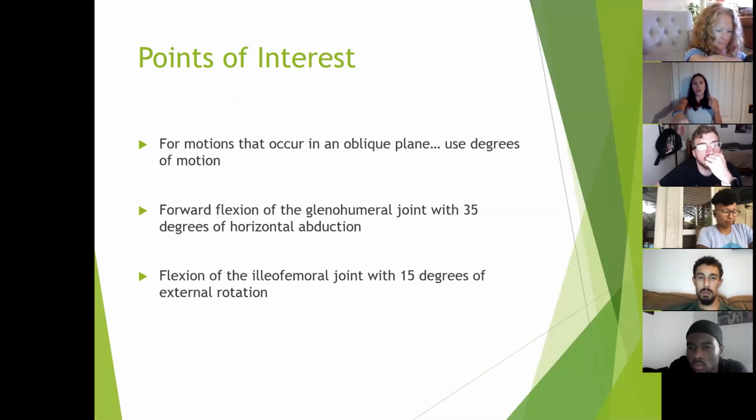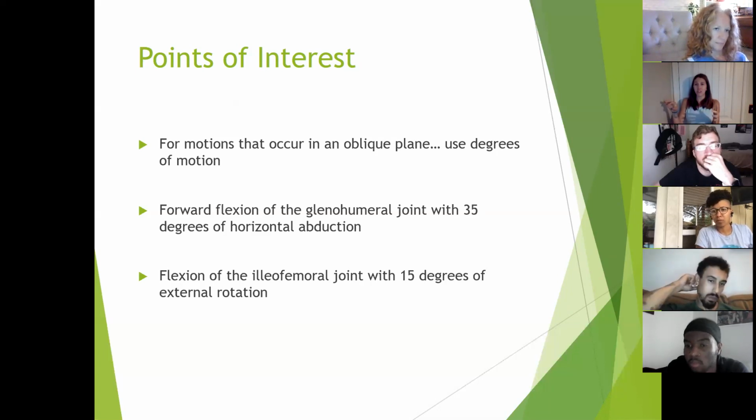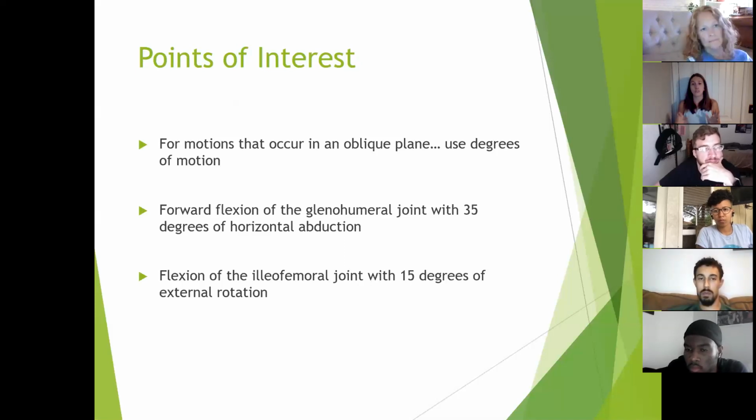And then with 35 degrees of horizontal abduction. Horizontal. Going along the horizon, and I hit a wall. Okay, so we're taking it away from the midline. Abducting. But you see how I had to use degrees there to kind of show you how far out I went? Because that's not in like a plane. It's in between planes. So we have to use those degrees as kind of directors.